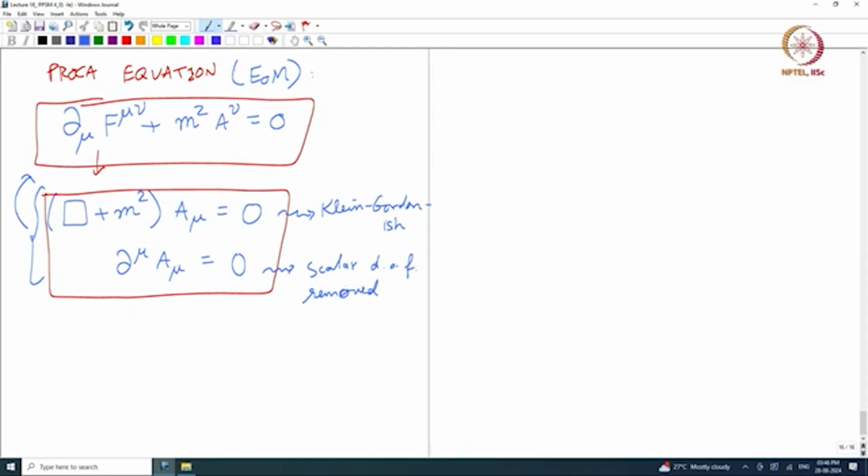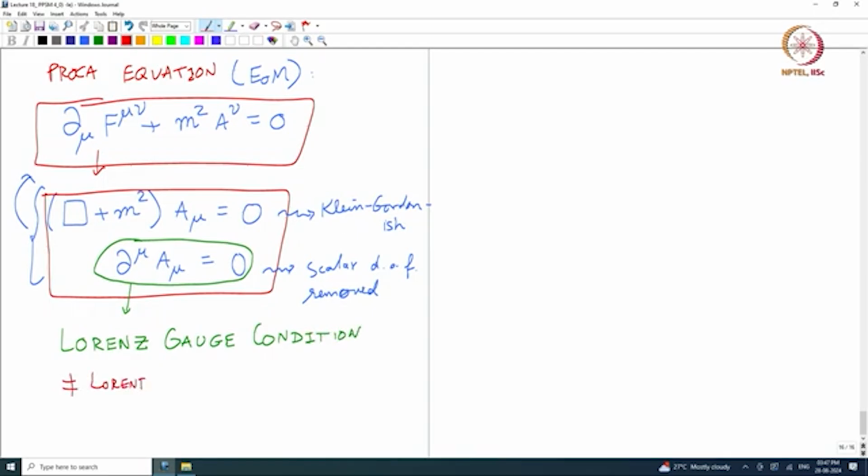Okay, very good. Now this condition has a name, the condition that we put in by taking the derivative of the equation of motion. What is the name? It is a slightly confusing name. It is called the Lorenz gauge condition. Notice that I said Lorenz, I did not say Lorentz. Let me write that down. So it is not equal to Lorentz.